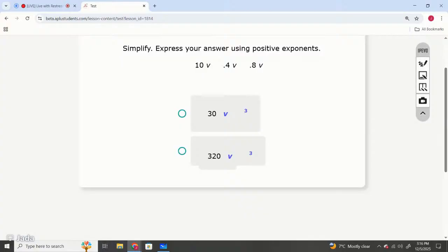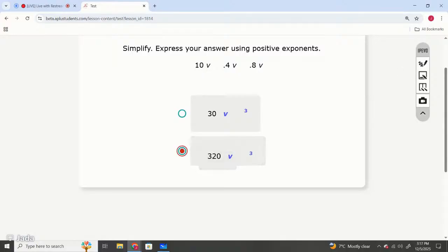Simplify 10v times 4v times 8v. So, which is the correct option? 10 times 4 is 40, 40 times 8 is 320.